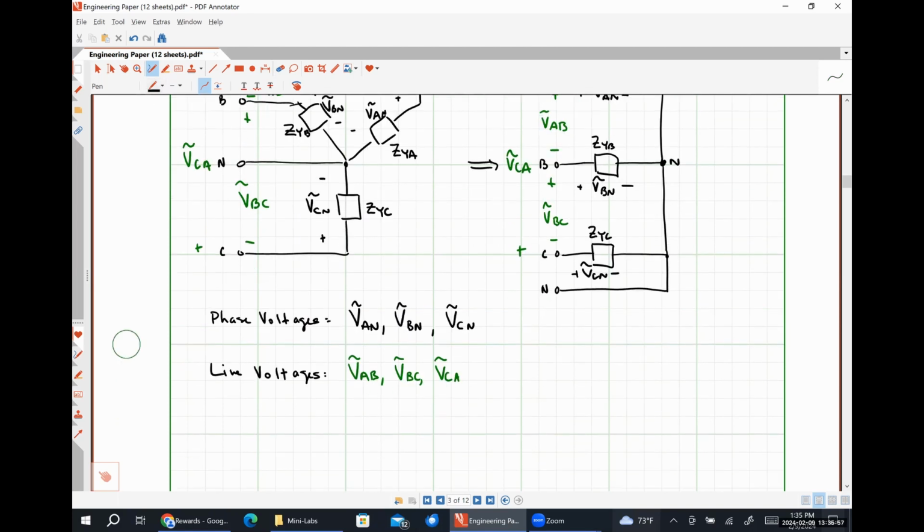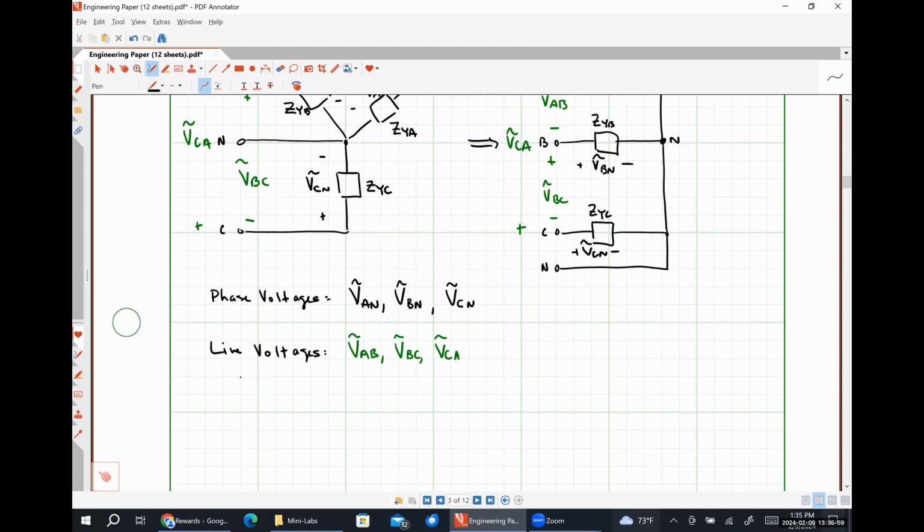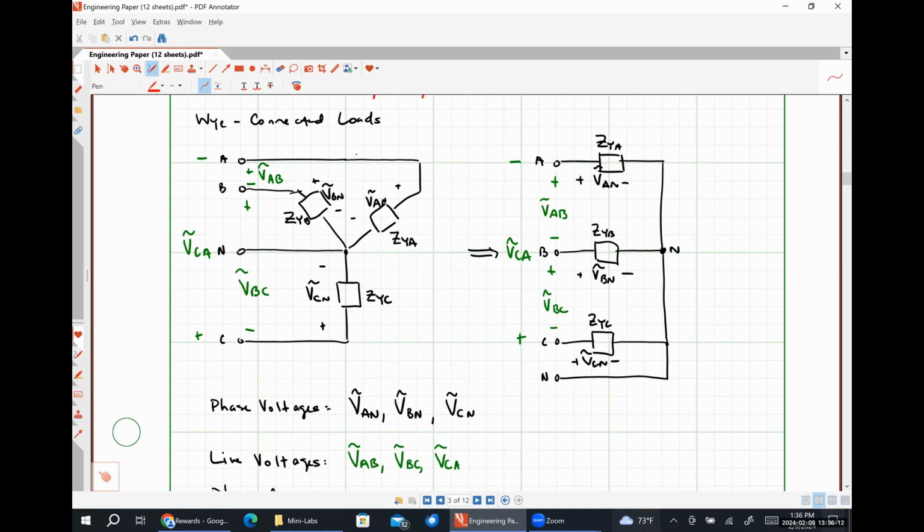And lastly, we'll have our phase currents. So that's going to be this current, IAN, this current, IBN, and this current, ICN.